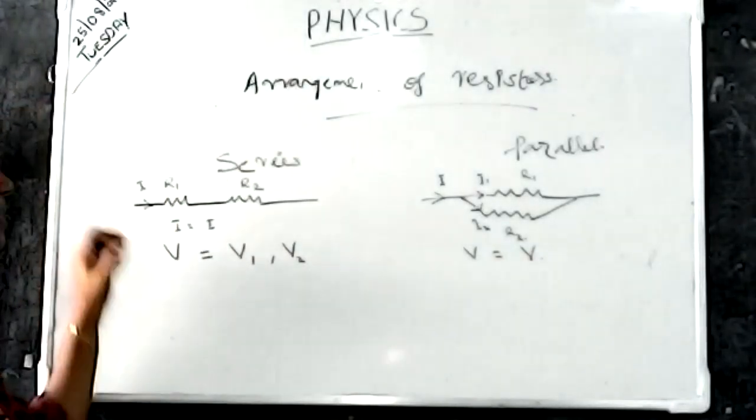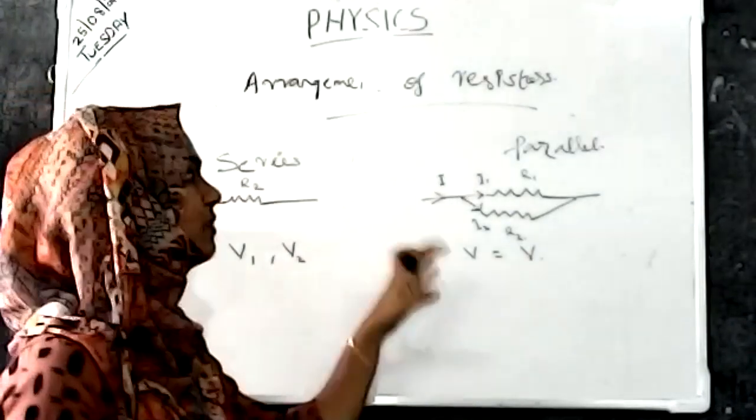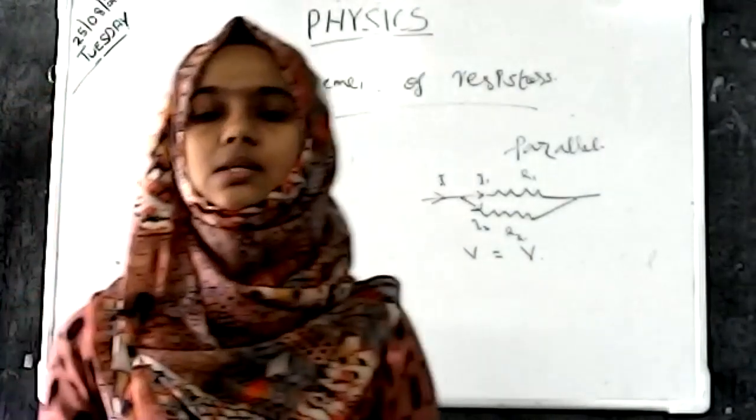Now we have discussed the current and the potential difference of the two resistors, series and parallel.